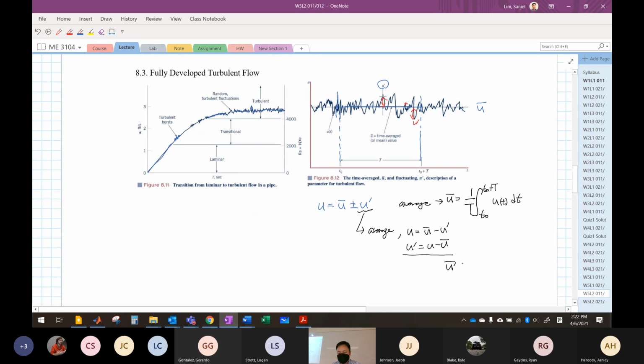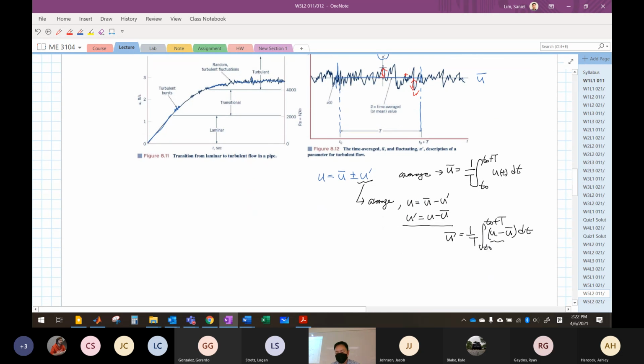So the average of u prime is 1 over T, the integral from t naught to t naught plus T of u minus u bar dt. You can separate it. The first term is the average of the velocity, which is simply u bar. The average of u bar gives you the same value, u bar, so it equals 0. You end up with 0 for the fluctuation.